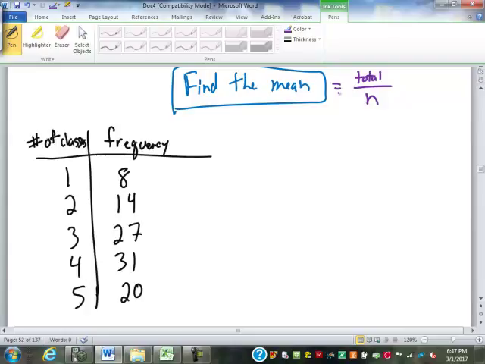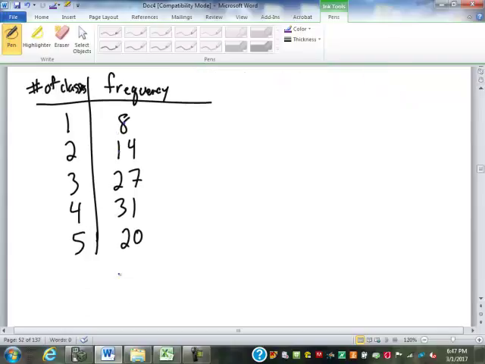Not 5. There are 5 different values. But the 1 appears how many times? 8 times. And the 2 appears 14 times. That's what that frequency tells us, remember. As we have a list of these out, there are 14 2s. There are 27 3s. So n here is found by adding up that frequency column.